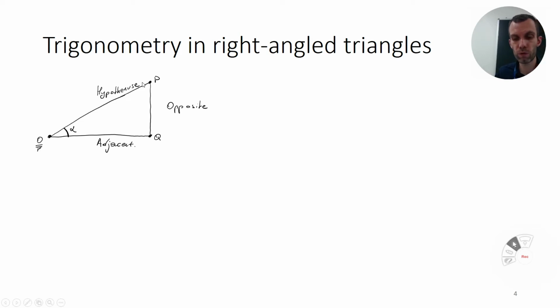And what we're going to do now is relate sine, cosine, and tan of alpha to different proportions of those lengths of the sides. So in order to show you how that works, I'm first going to have to add one more ingredient to the figure. I'm going to draw a unit circle on top of the triangle. So let's imagine that this length here, the green line, is 1 in length.